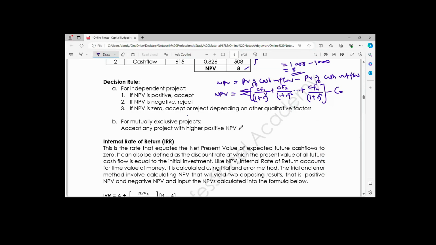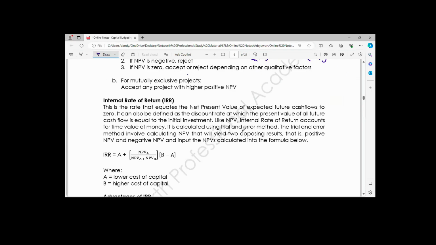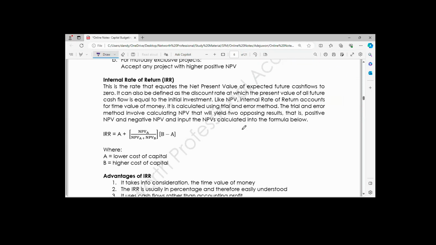Let's move to the next one, which is internal rate of return. Remember, our approach is to explain all the underlying principles for all the techniques before we begin any calculation. So let's go to the second one, which is internal rate of return. What is internal rate of return?